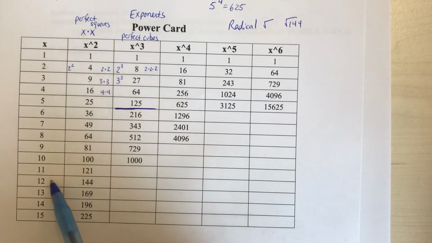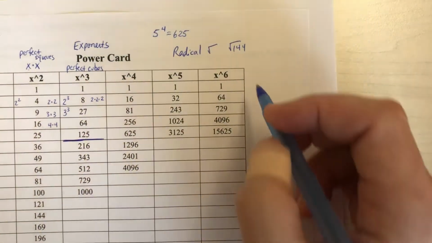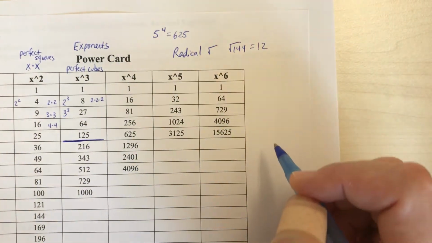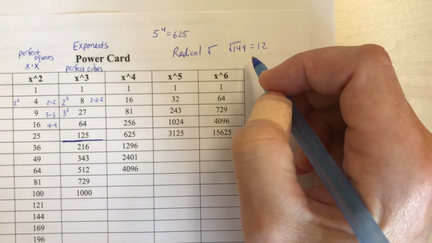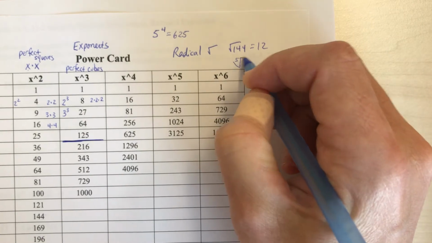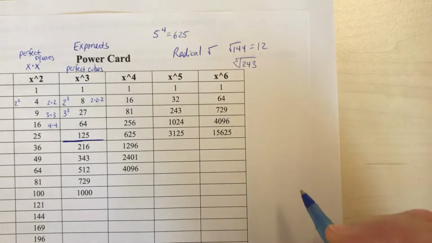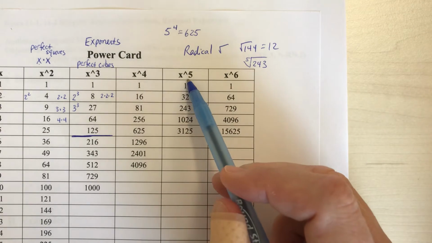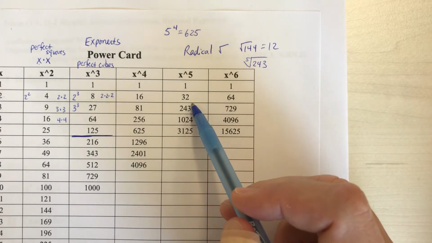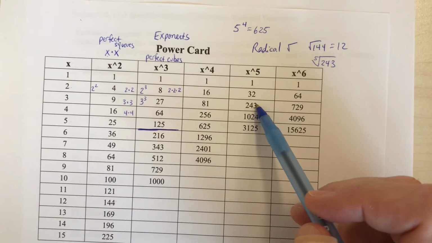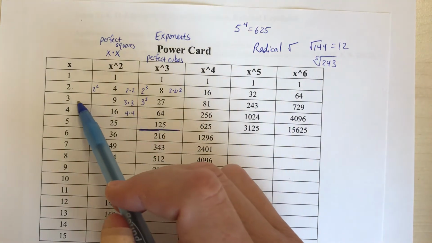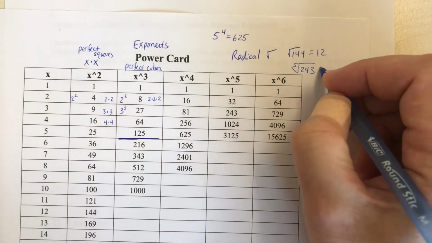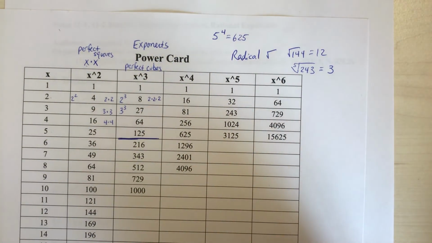The square root would be the x number where we started from, and that was 12, because we had 12 times 12 is 144. If I asked you for the fifth root of 243, we would go to x to the fifth, find 243, which is here, and then come over. What was the x value? Oh, it was 3. The fifth root of 243 is 3.